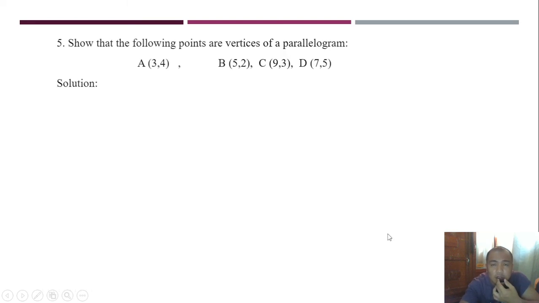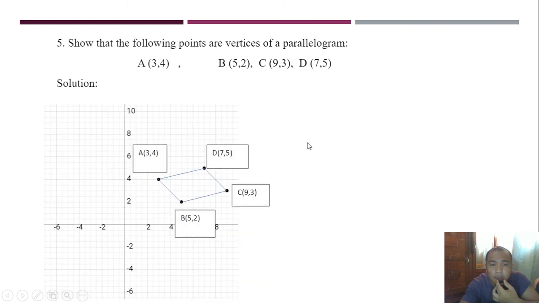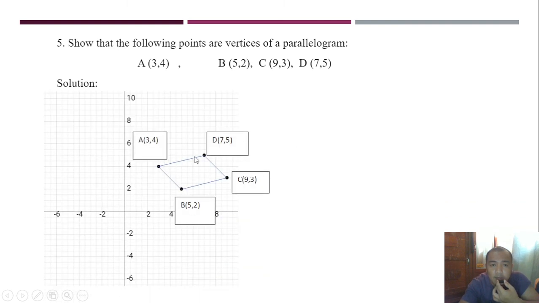Show that the following points are vertices of a parallelogram. For A (3, 4), B (5, 2), C (9, 3), D (7, 5). So plot it in a Cartesian plane. After plotting, we know that a parallelogram has two pairs of opposite sides parallel. So the slopes of AB and CD are equal, and the slopes of AD and BC are equal, because they are parallel.